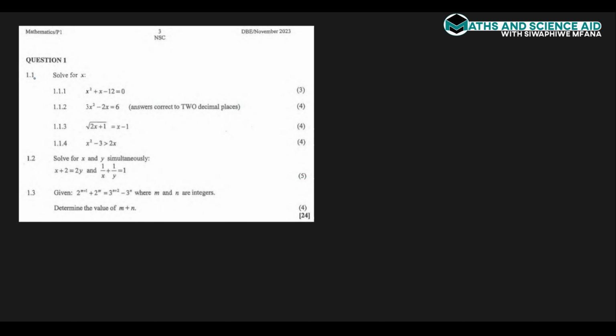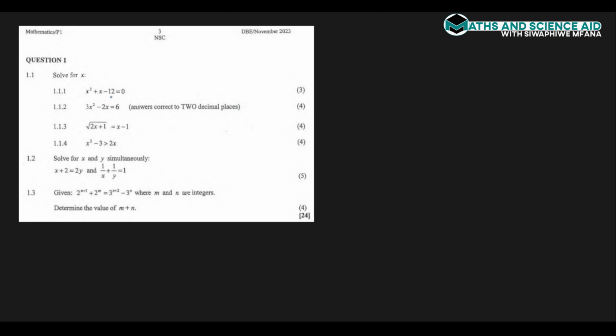We have question 1.1, which is solve for x. So 1.1.1 is a straightforward one. We have a quadratic equation, x squared plus x minus 12 is equal to 0. This is already given in the standard form. So all that is expected from you is to simply solve for x here.